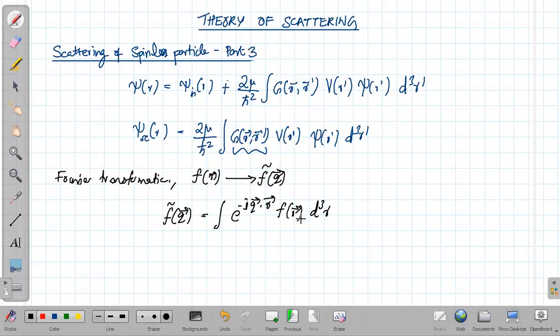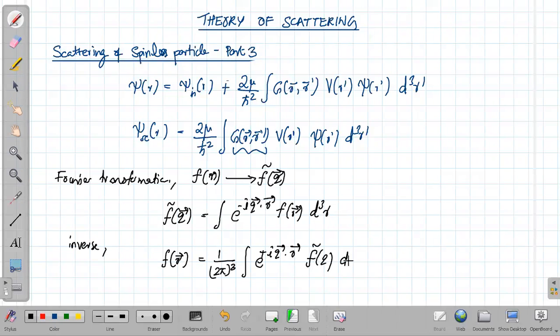So this transformation is called Fourier transformation, and its inverse is also possible. We can find f of r from f tilde. So f of r can be written as 1 by 2 pi cube integral e raised to plus i q dot r f tilde of q, integrating over d cube q.